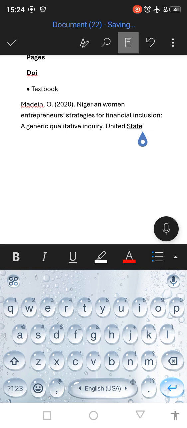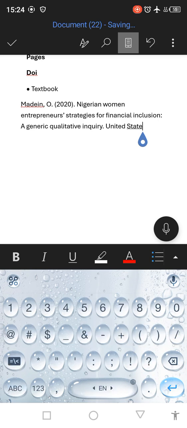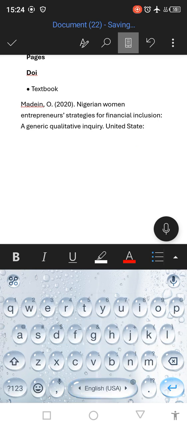Now, let's assume that this particular publisher that published this particular work in United States is in Maryland. All right, so we have to include Maryland just to show that this particular publisher is in Maryland in United States.